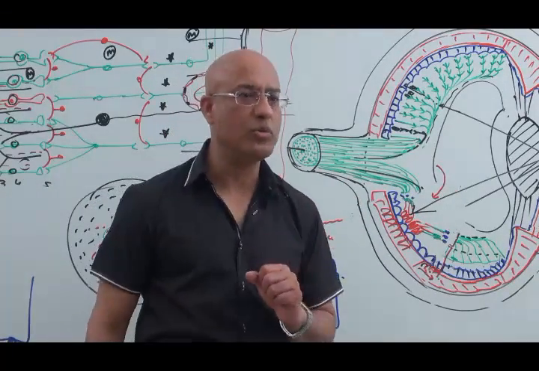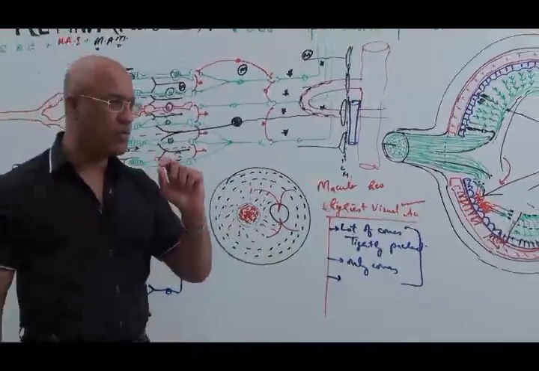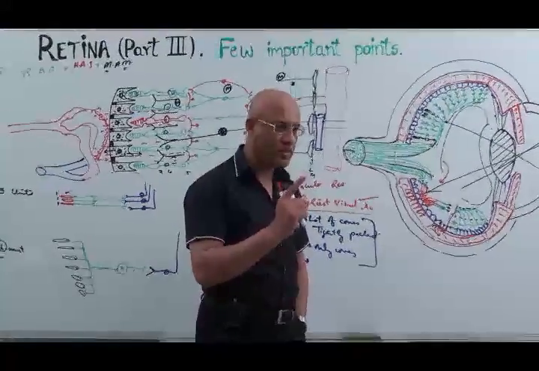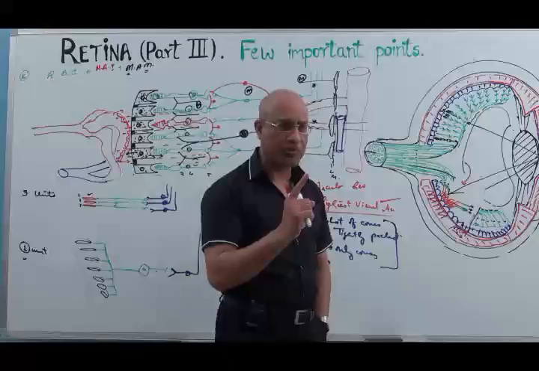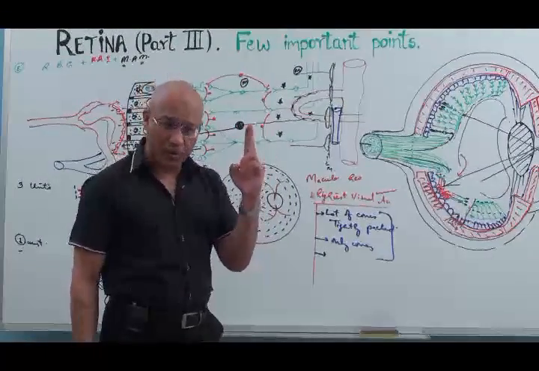So if someone asks you why the fovea centralis, at the center of the macula, has the sharpest acuity: number one, only cones. Number two, a lot of cones.